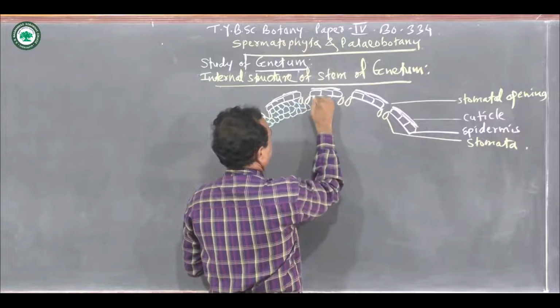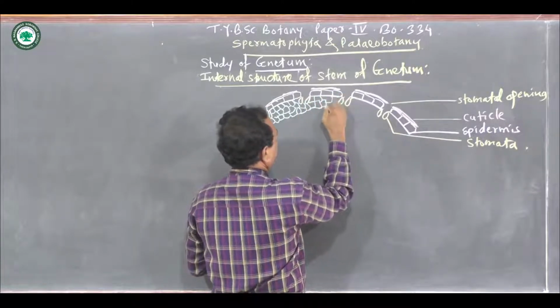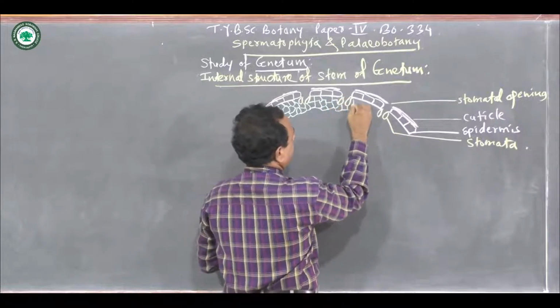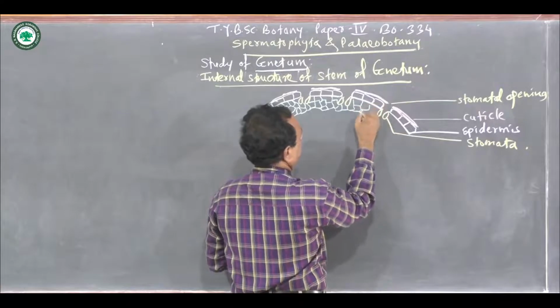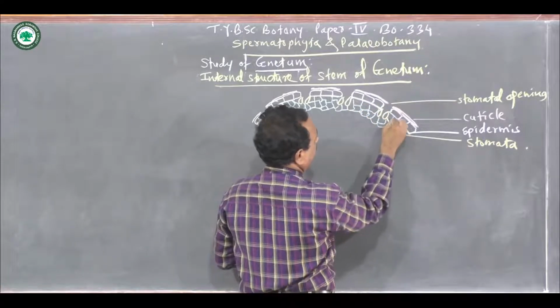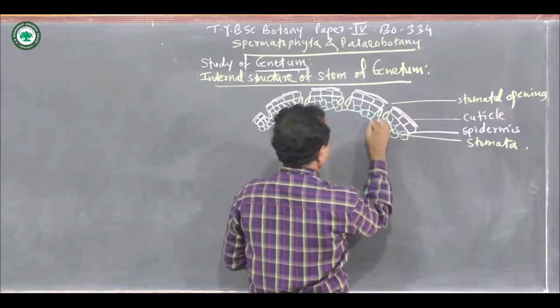As the name indicates, the cells show the presence of chloroplasts, and in the section this layer looks greenish in color.